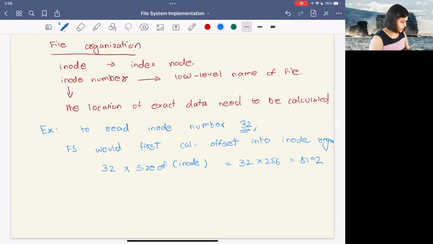So definitely we would need to add the starting address of inodes to this.